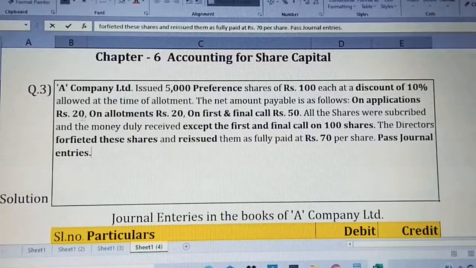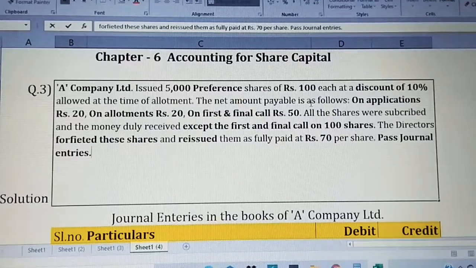On application it is 20 rupees, on allotment it is rupees 20, on first and final call it is 50. Now just observe, 100 rupees is the face value. A 10% discount on that will give you 10 rupees. Take the calculator and try 100 into 10%, you'll get 10 rupees. 10 rupees is the discount, so it will be 90.